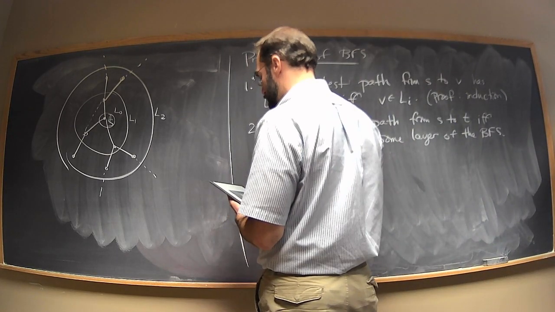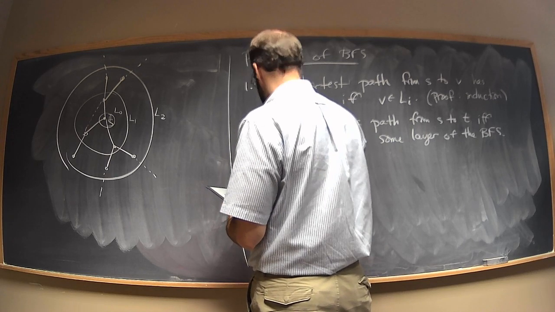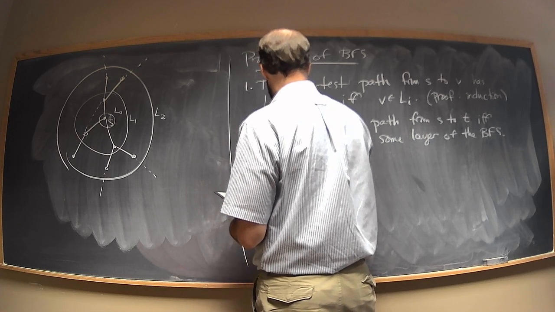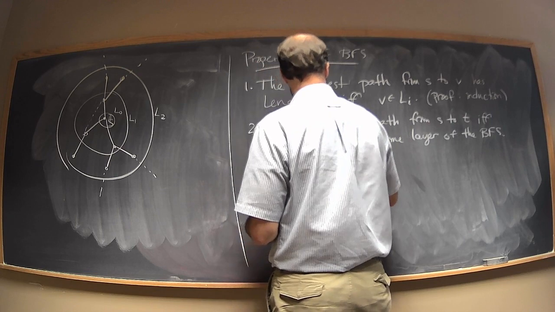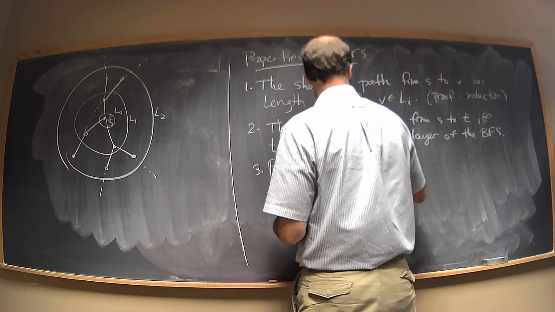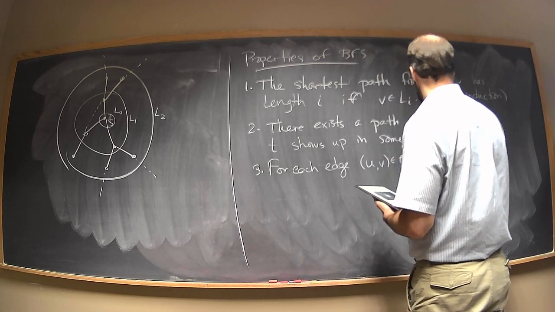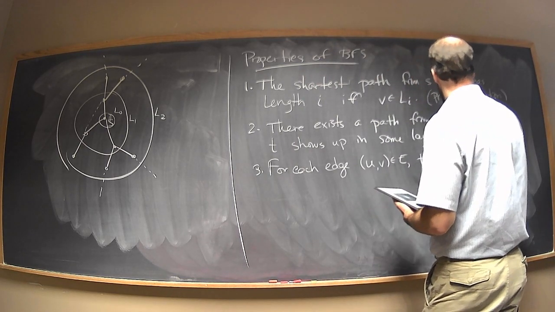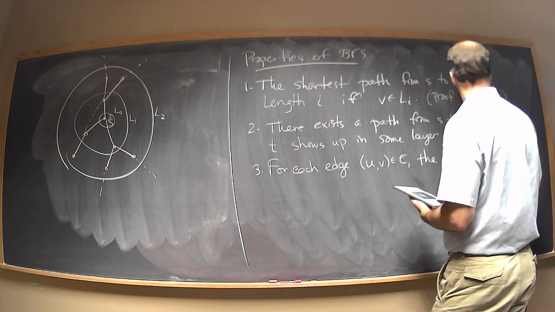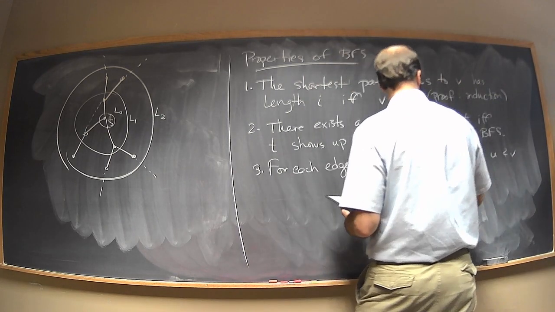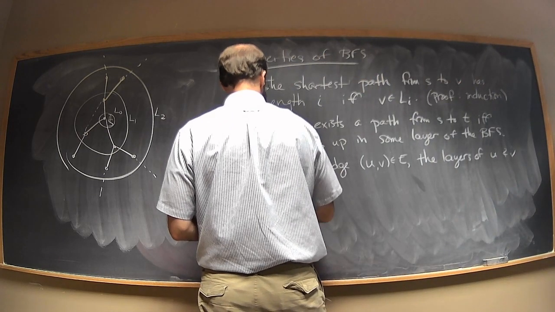Okay, here's another one. For each edge UV in E, the layers of U and V differ by at most 1.